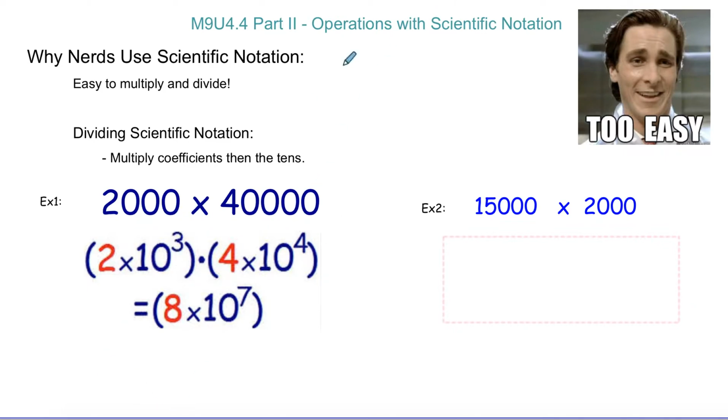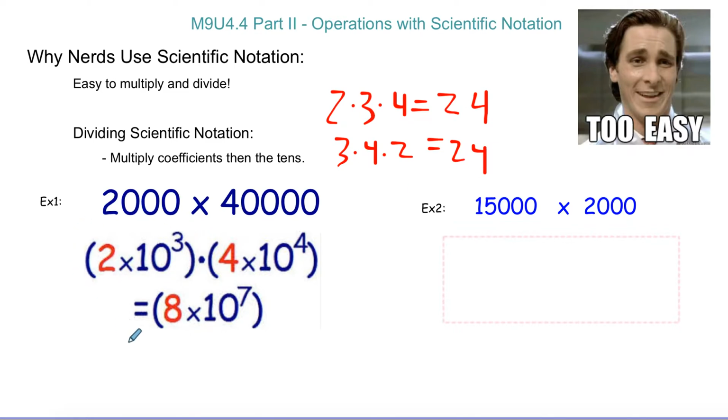This is because you can take numbers like 2 times 3 times 4, and if you multiply them together, you get 24. If you switch the order, 3 times 4 times 2, you still get 24. It's called the commutative property of multiplication, and we can use that to our advantage here.